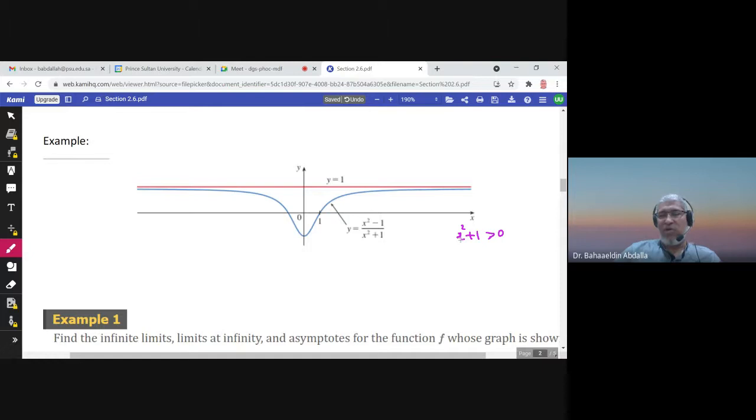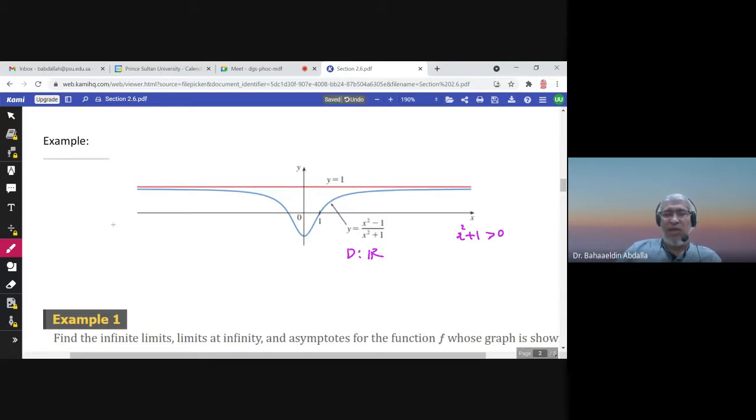So x squared plus 1 has no real zeros, and the domain of this function is the set of all real numbers, from negative infinity to infinity.